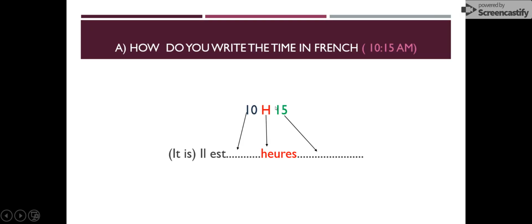Now, how do you write the time in French in letters? Let's try to write 10:15 a.m. So you start by il est, which means it is, and then you write the hours. You always have to write heure, and you also have to say heure, which is hour, all the time.